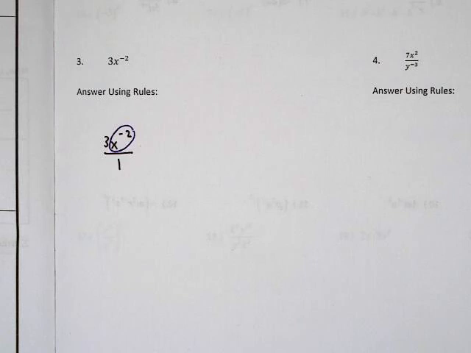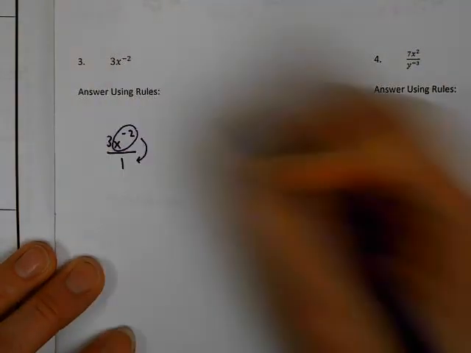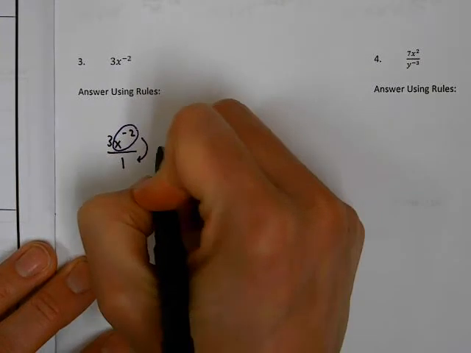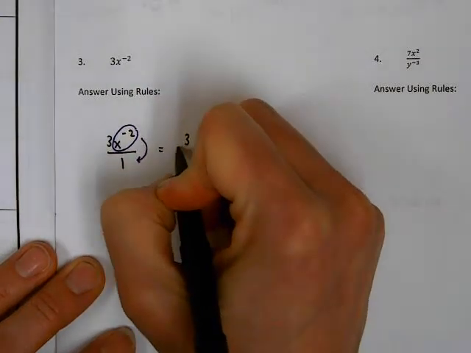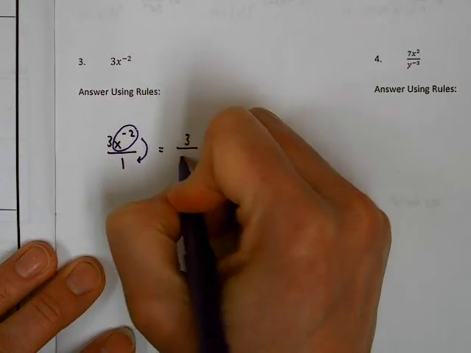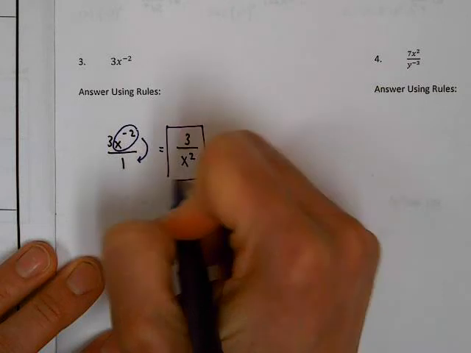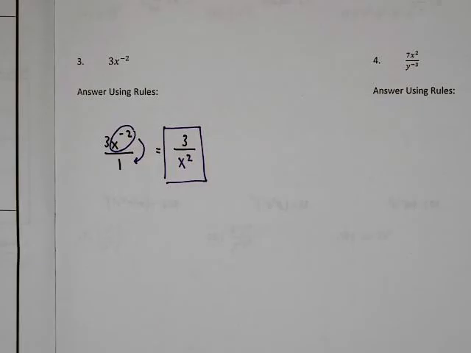So the 3 is going to stay right where it is, and we're going to move this down. When I do that, my 3 stays on top. When this comes down, my exponent becomes positive, so I get 3 over x squared. And that would be our simplified answer using the rules.